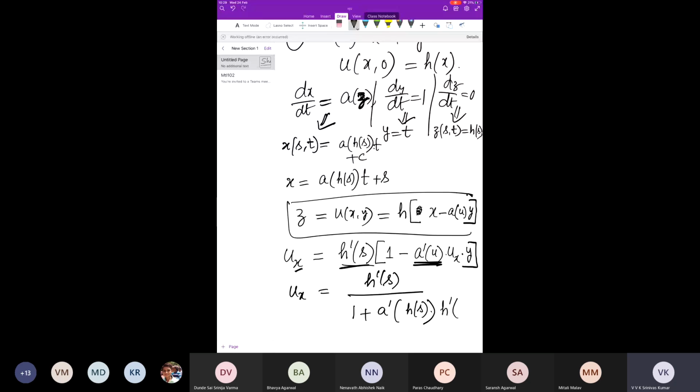Okay, so now analyze here. This denominator becomes 0.